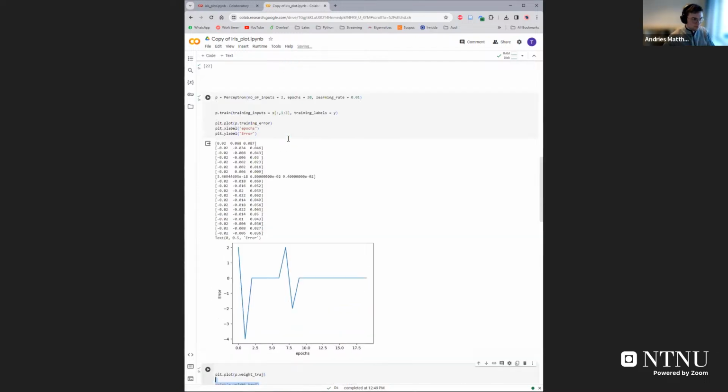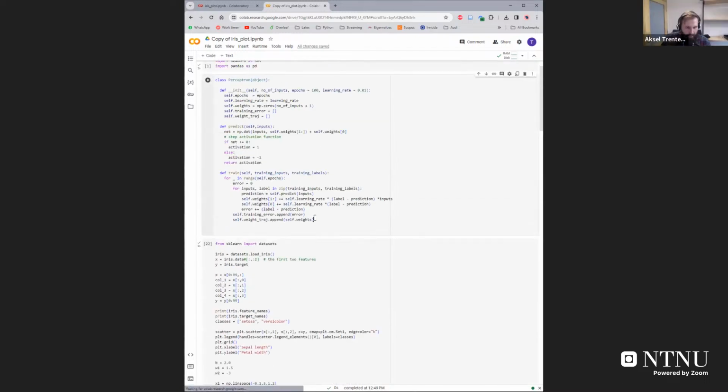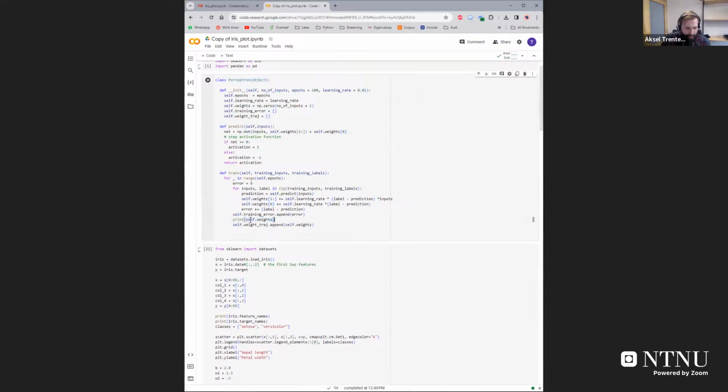Over here, you want to plot them here still. So I print self.weight. This is a 1x3 array, but over here I'm not sure, if you append it, what your array will look like, if it's still a 1 by 3 array, if you append it by the 3 values every time.